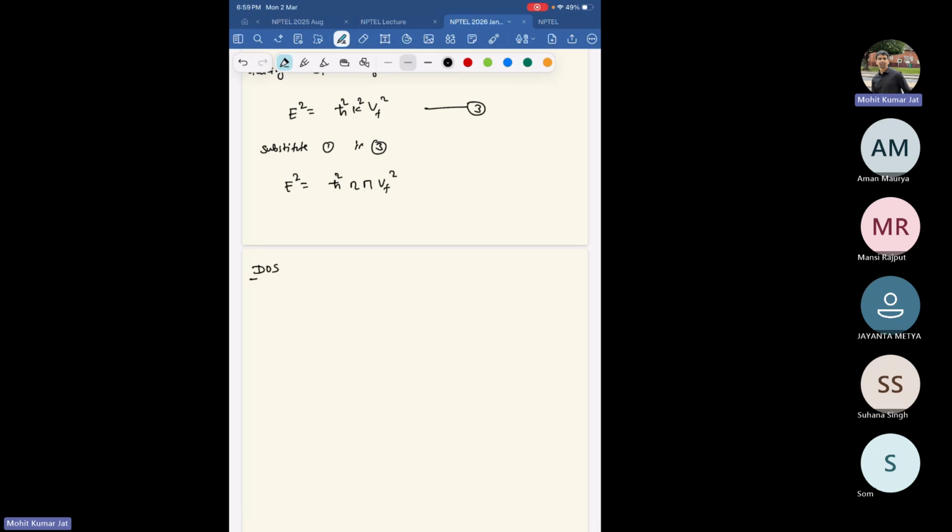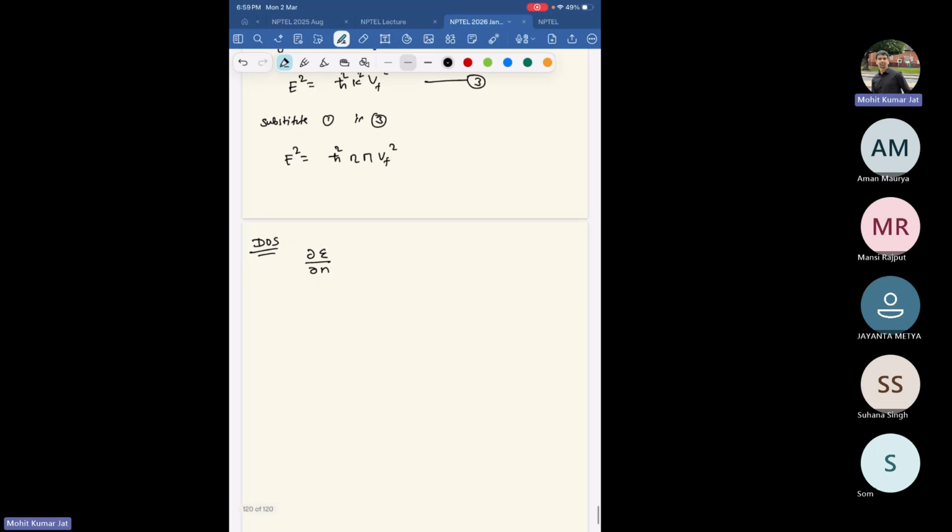Density of state is nothing but del E by del N, right?